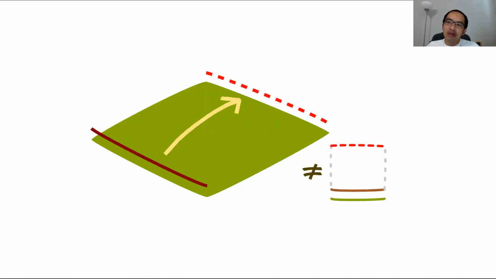In addition to the homogeneous composition, there's a second operator, which is the coercion. I think it's also called transp in Cubical Agda. It's a primitive operator there.